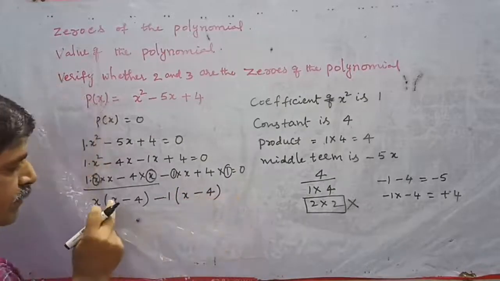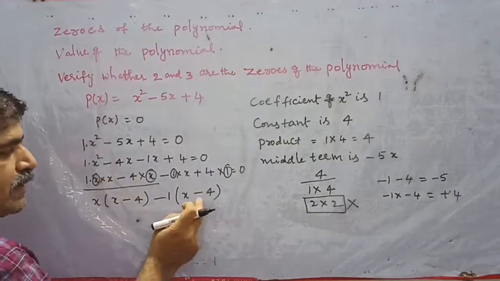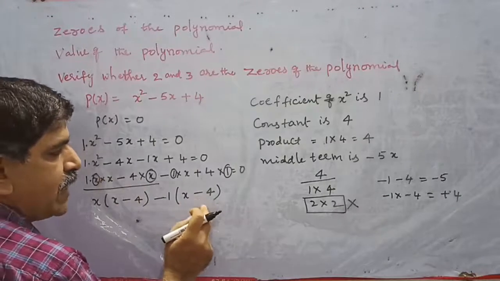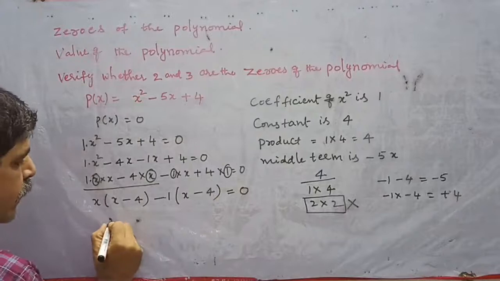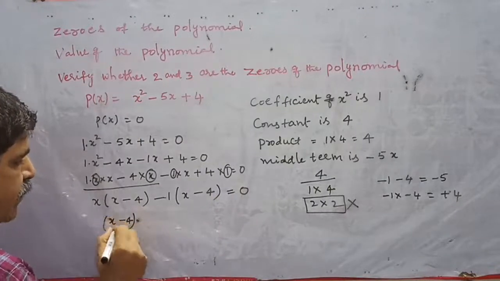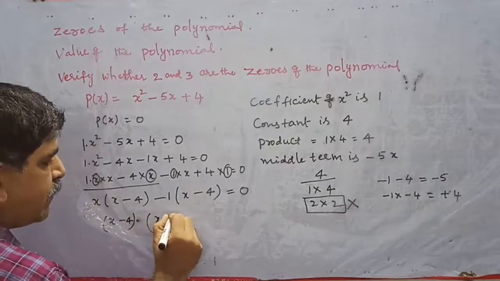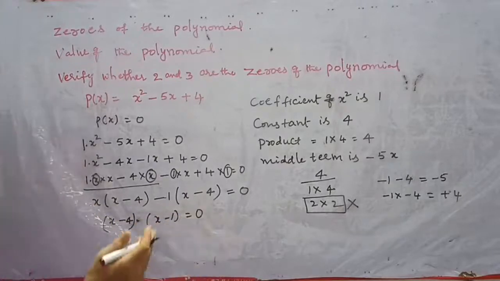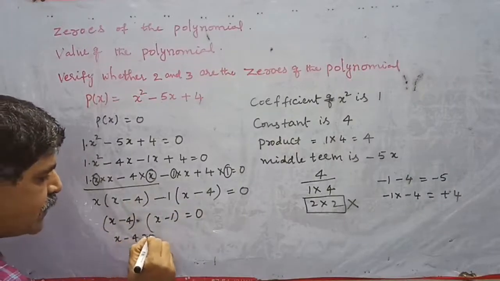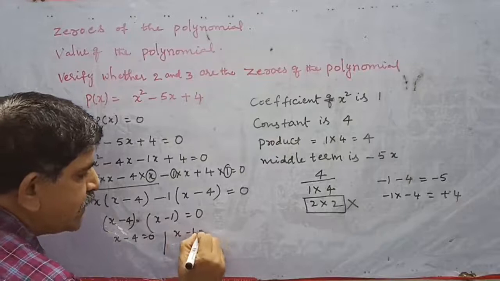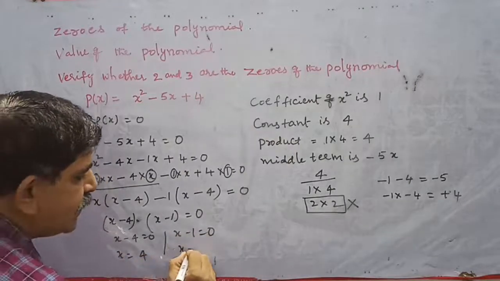So whatever the factor you are getting in the first term, the same factor you have to get here also. Now x minus 4, from these two you have to take 1, and next one x minus 1 is equal to 0. Now equate each factor to 0. So x minus 4 is equal to 0 and x minus 1 is equal to 0. X is equal to 4 and x is equal to 1.